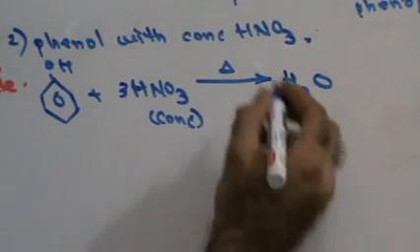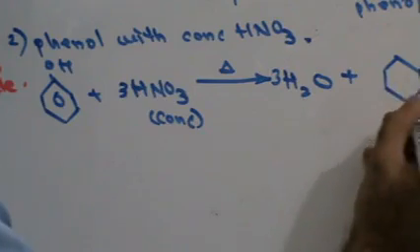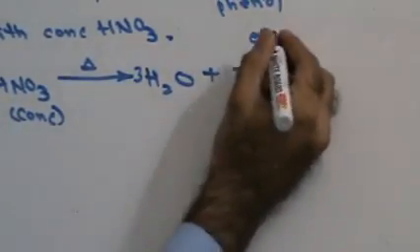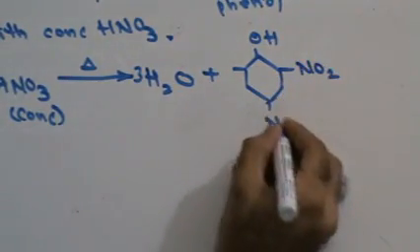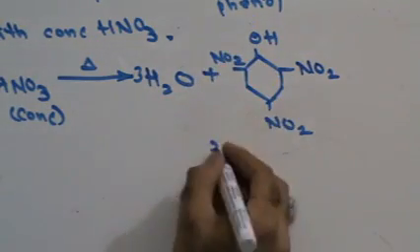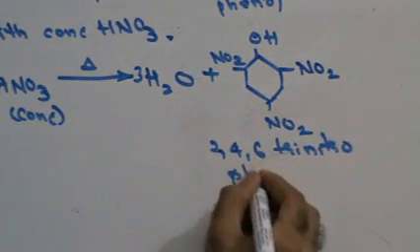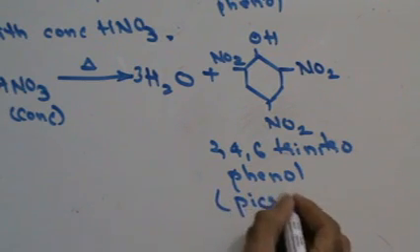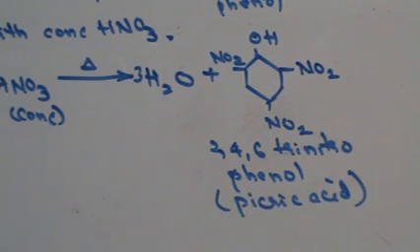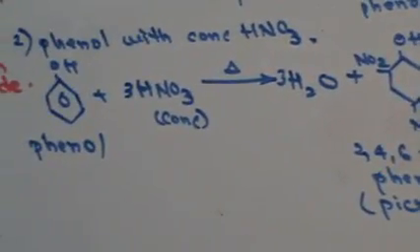Water molecule is out and you will get 2,4,6-trinitrophenol, NO2, NO2, NO2. This is 2,4,6-trinitrophenol, common name picric acid. That's your nitration reaction.